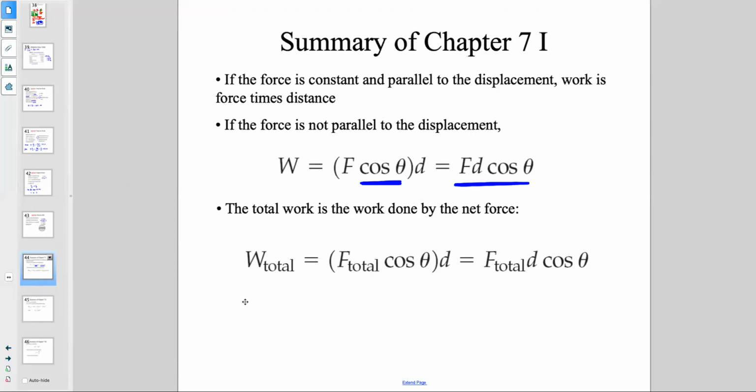Okay, so I can write it this way. I can write W total as W of force number 1 plus W of force number 2 plus number 3, and so on and so forth.